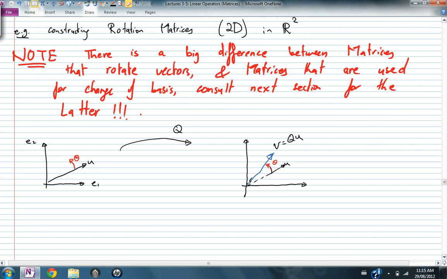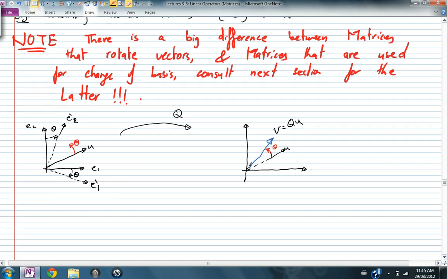So rotating a vector this way is almost like, I'm going to use a trick, which is instead of moving the vector U, I'm actually going to move my basis the other way. I'm going to call this E-1, E-2, or sorry, E-2, E-1. So instead of rotating the vector itself, I'm pretending to rotate my basis vectors in the opposite direction.